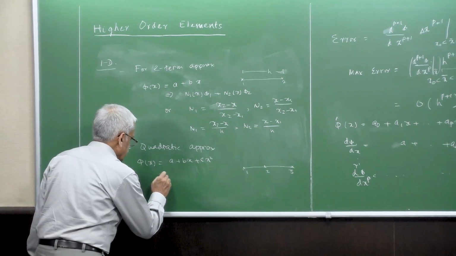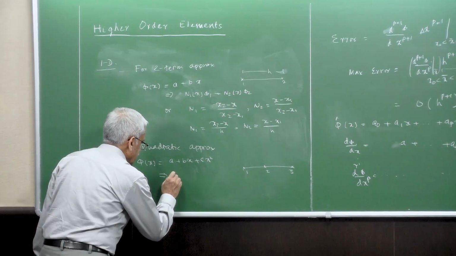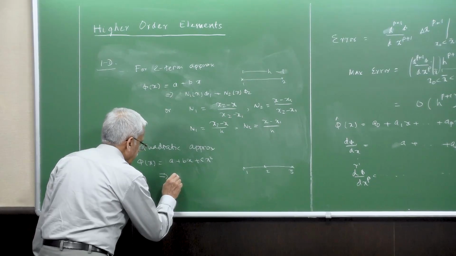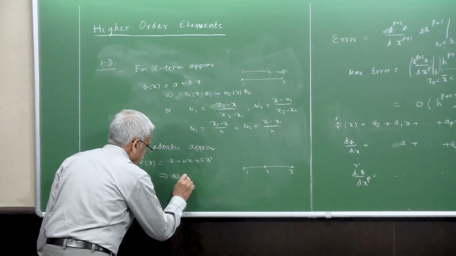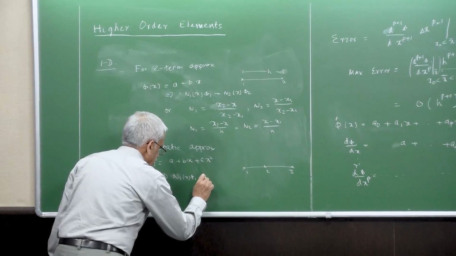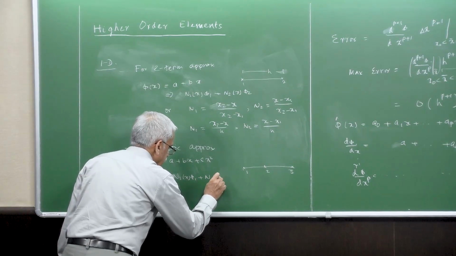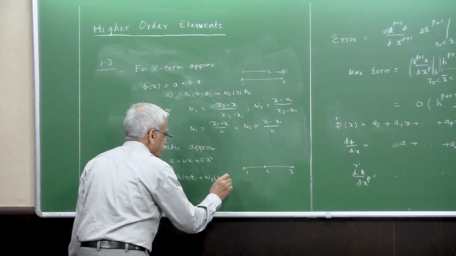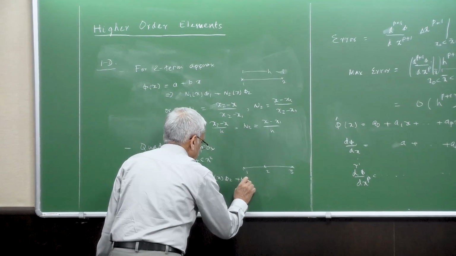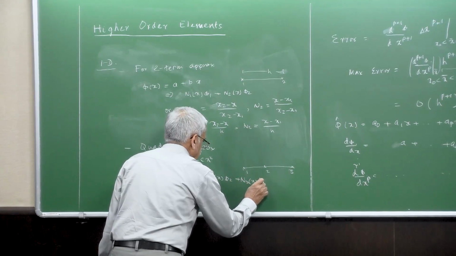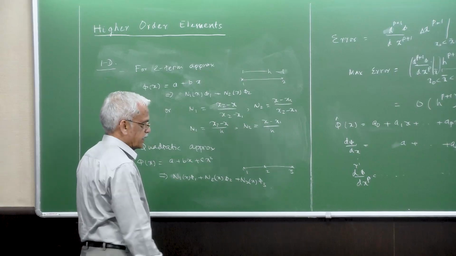This is equivalently represented as N1 phi 1, N2 phi 2, and N3 phi 3.